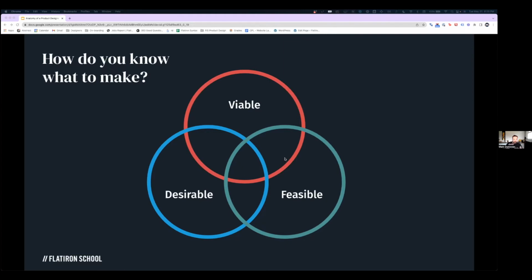Flip that, let's say you are more like an MBA and you're coming into a product design role, and you have a lot of experience managing the revenue side of this, the viability side of this, and you've come to this because you have a sense of what people want, maybe.